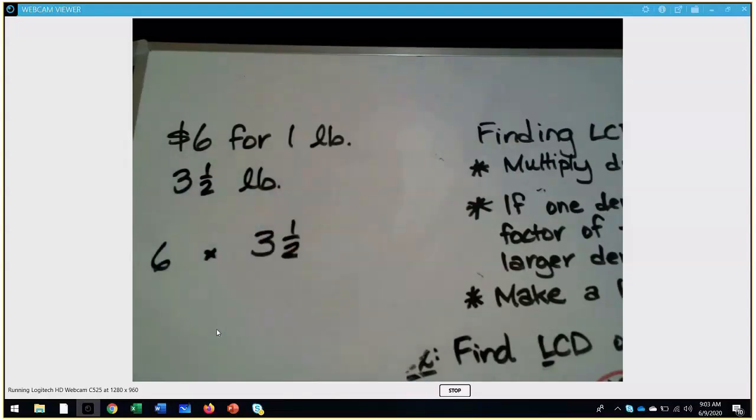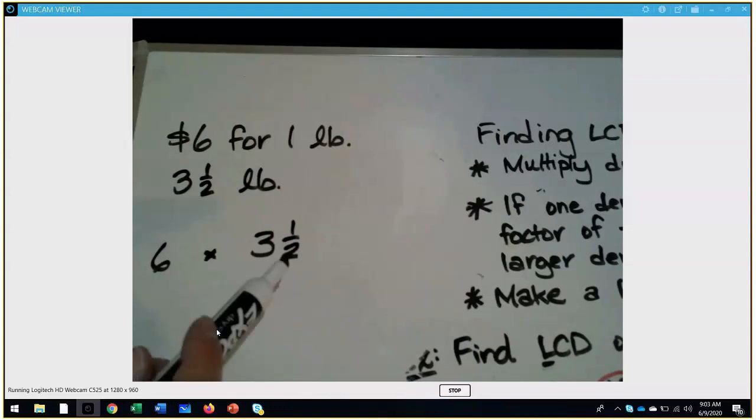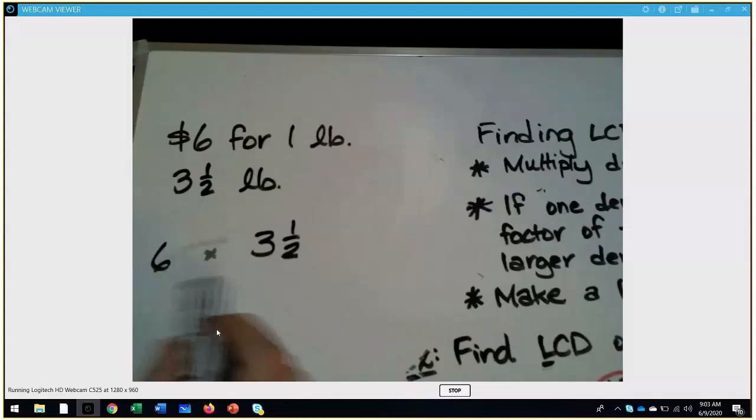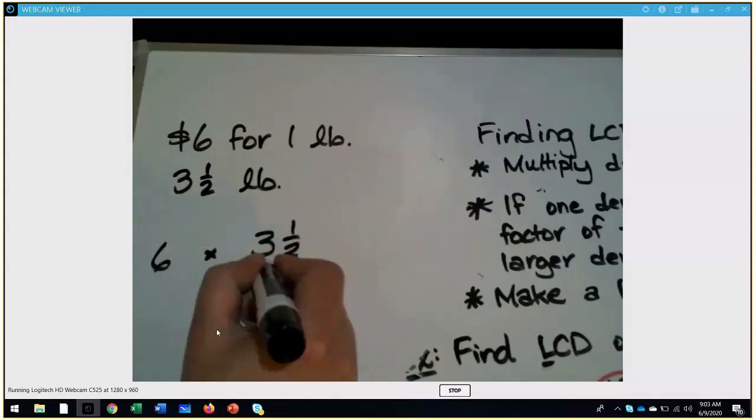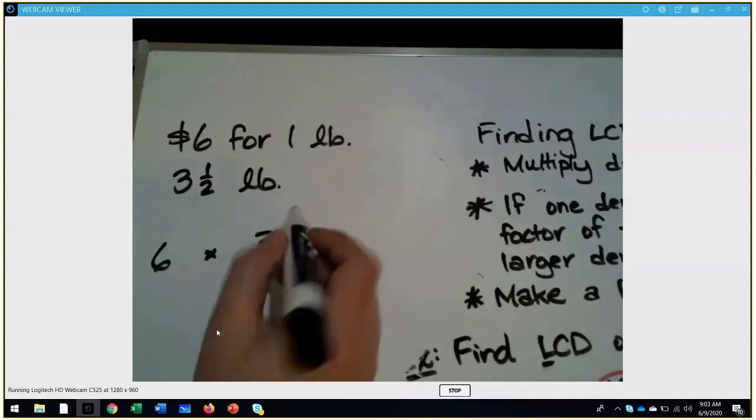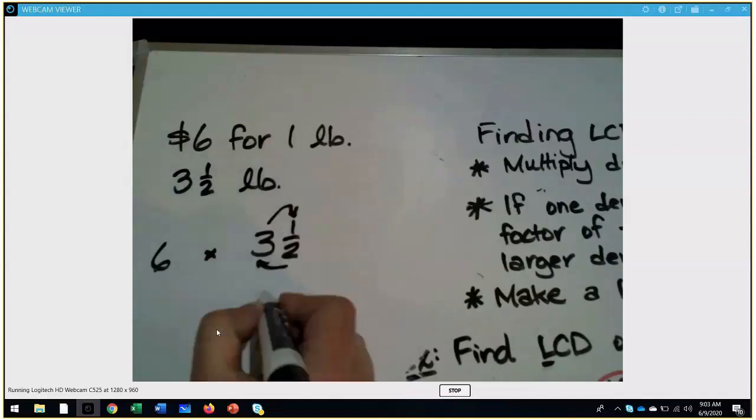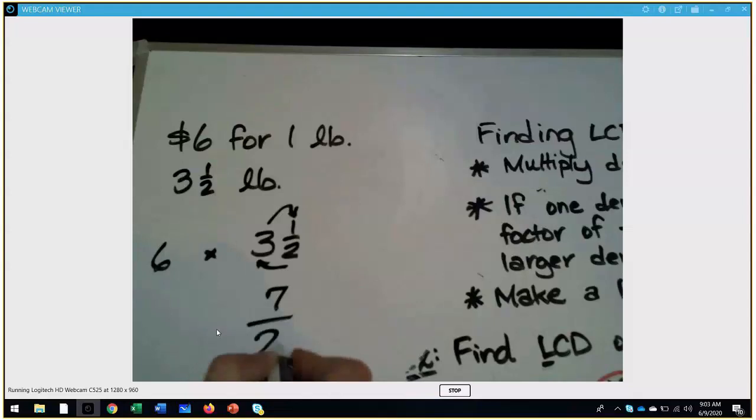We haven't done multiplication today. We did this last week, so let's review this. If you have mixed numbers, you need to convert those first. So this is going to become 2 times 3 is 6, plus 1 is 7 over 2. And for any whole numbers that you have, you just put those over 1.